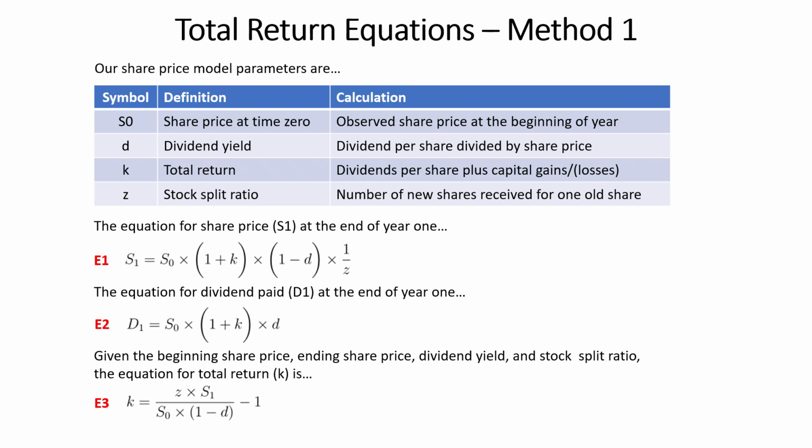And using those E1 and E2, we can calculate the total return. And that's what we're doing in equation E3, where we say that the total return equals Z, which is the stock split ratio, times the share price at the end of the year, divided by share price at the beginning of the year, times 1 minus D, which is dividend yield, minus 1. That'll give us the total return for that share over that first year.